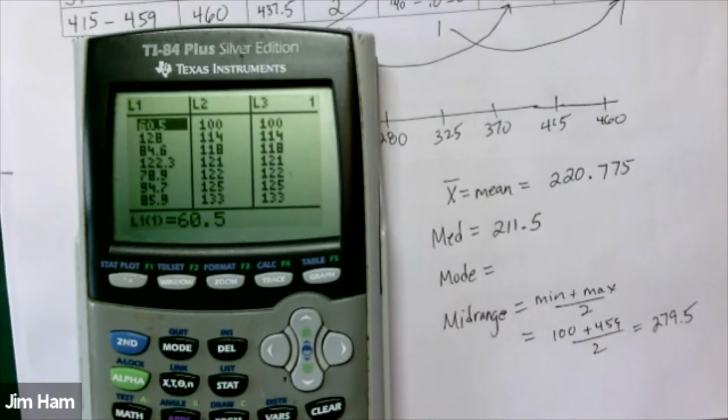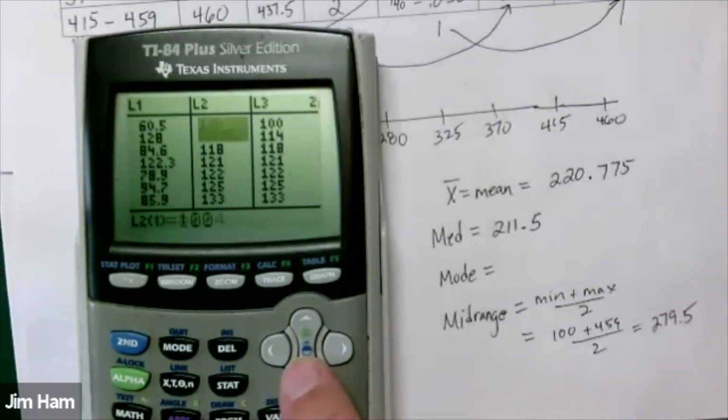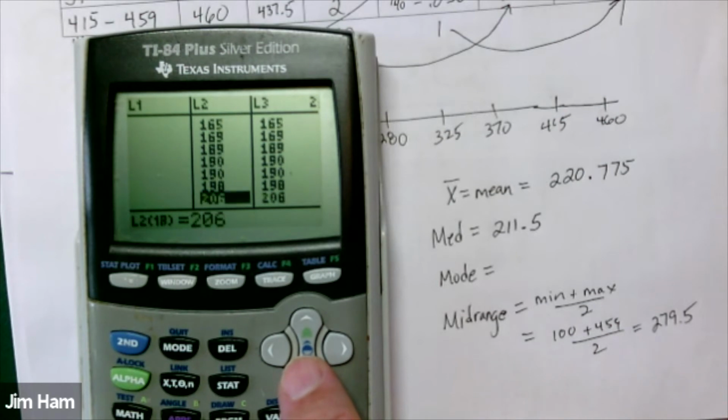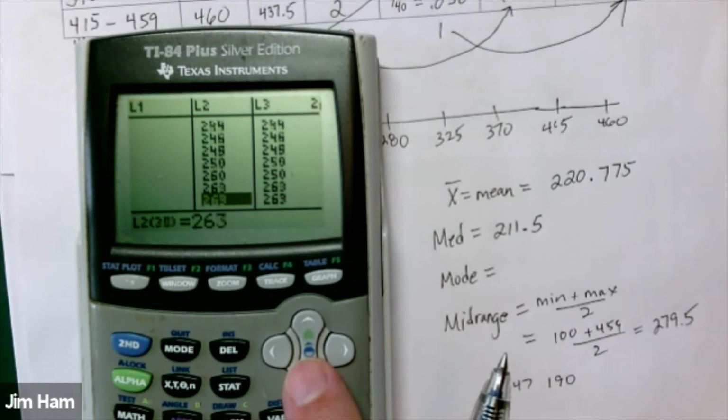And the mode, again, the calculator doesn't give that to you, but what you would have to do is scroll through the list to see if there's a data value that appears more than other data values. Oh, looks like 147 appears twice. 190 appears twice. Are there others? 250, 260, 63, 69. Okay. I'm not really seeing any other duplicates here.